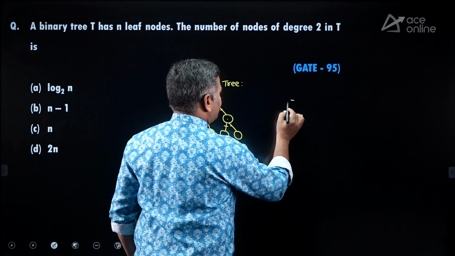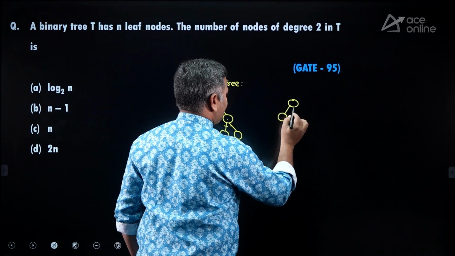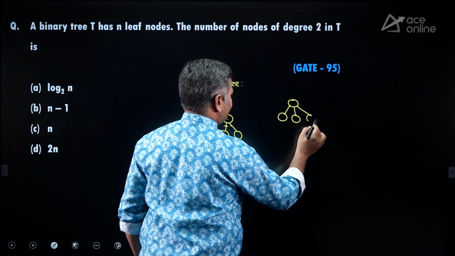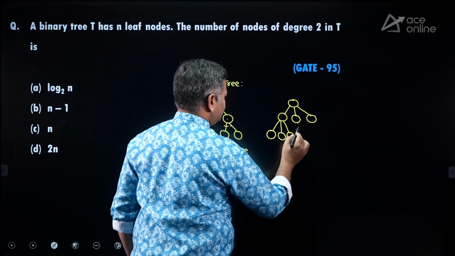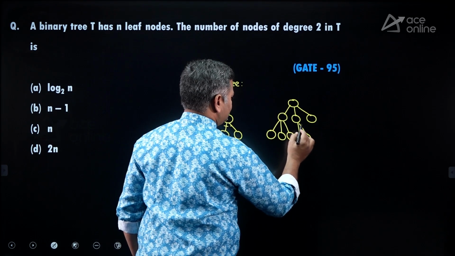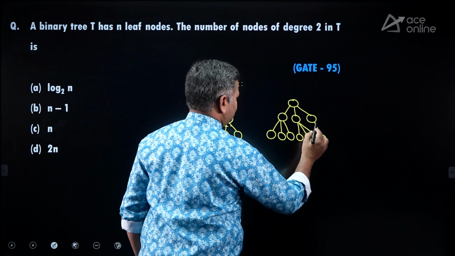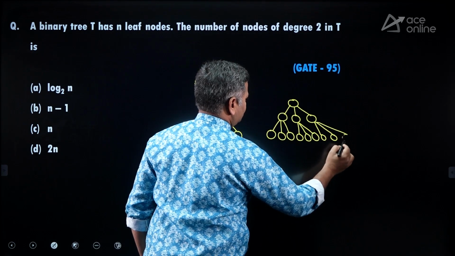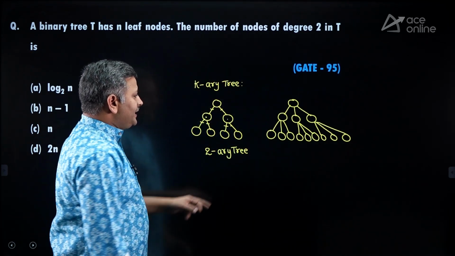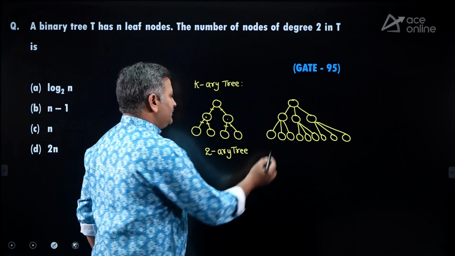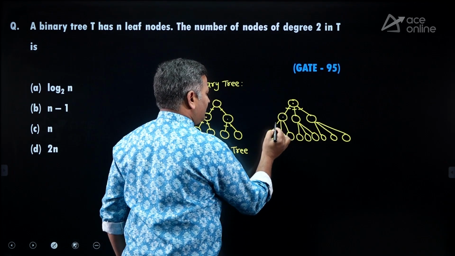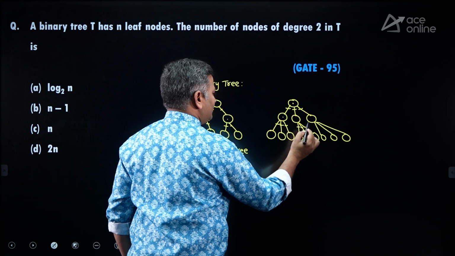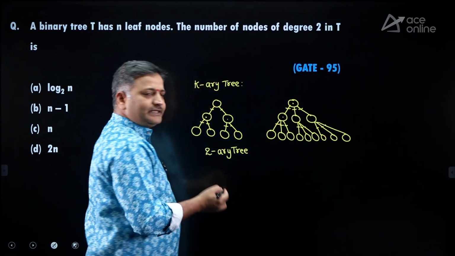And if I consider another example, in this case every internal node has exactly 3 children. For example, here the root node is an internal node with 3 children, and this node also has 3 children like this. Every internal node has exactly 3 children.